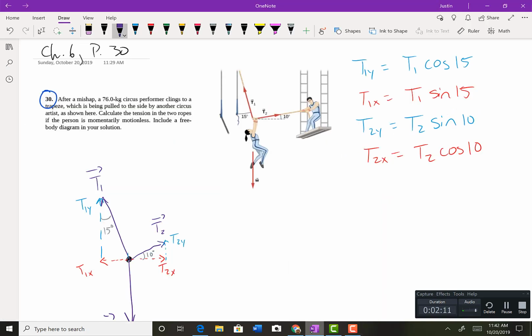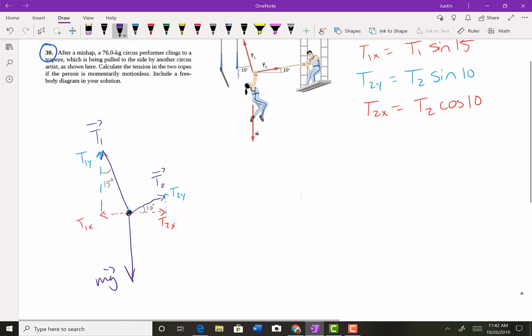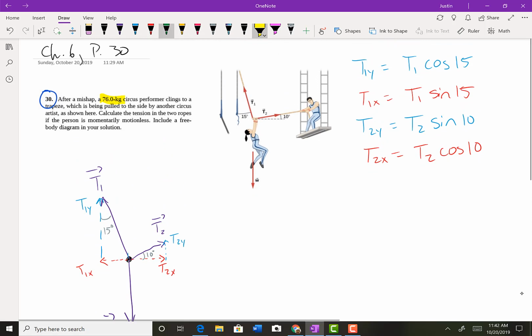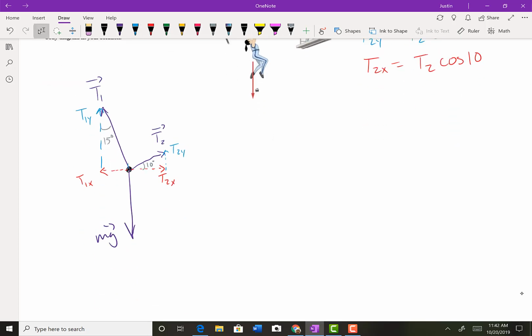Going over here. Okay. So, one of the first things I did was I drew a free body diagram here. Let's also take into account her mass is 76 kilograms. And so I'm going to look at my free body diagram here.